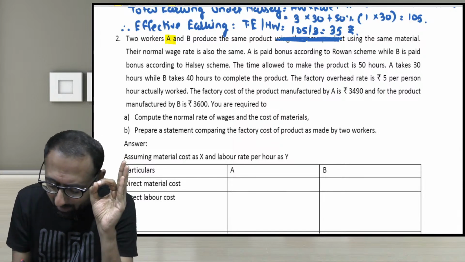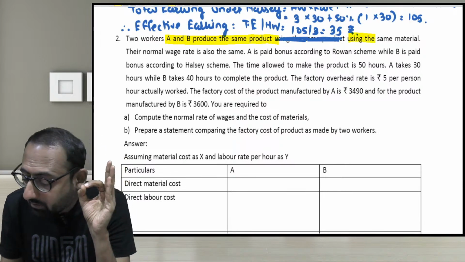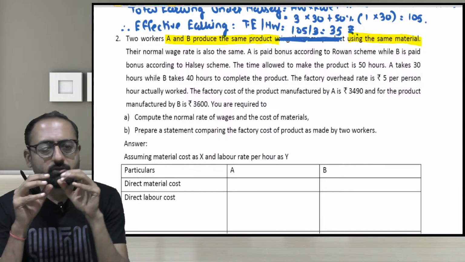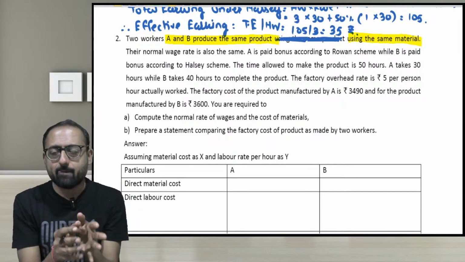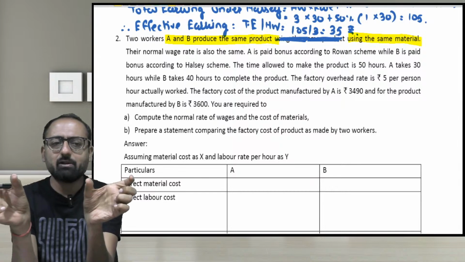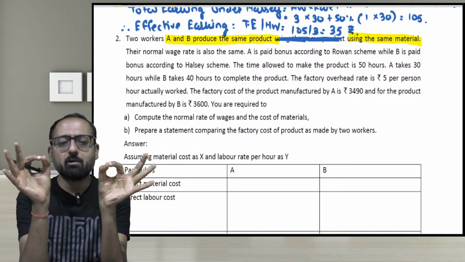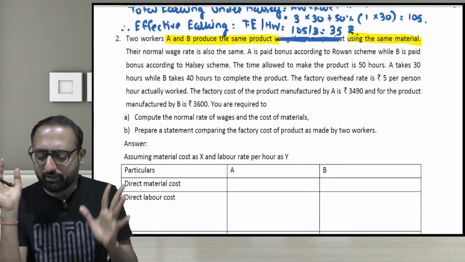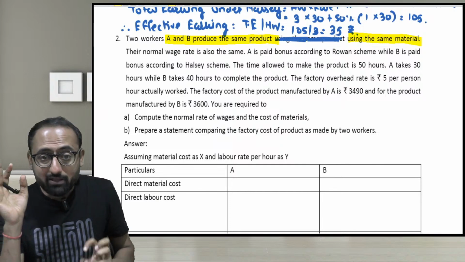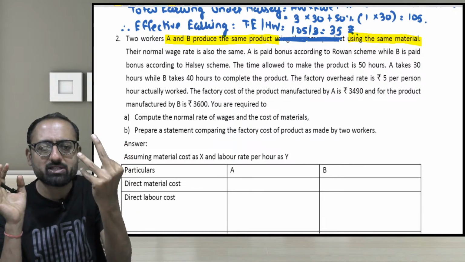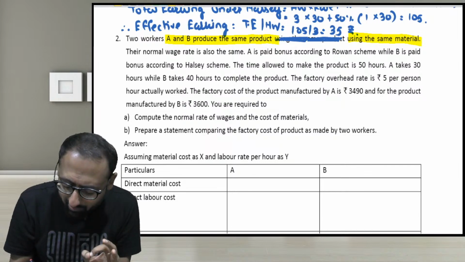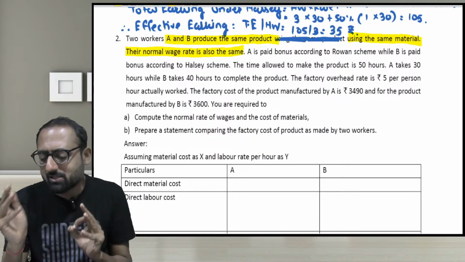Material is the same. Suppose 5,000 rupees material is incurred by A, then 5,000 material will be incurred by B. The same amount of material will be incurred by both workers. And their normal wage rate is also the same. In the previous question, the basic wage rate, normal wage rate, was 30. So for both the workers, your normal wage rate is also the same.